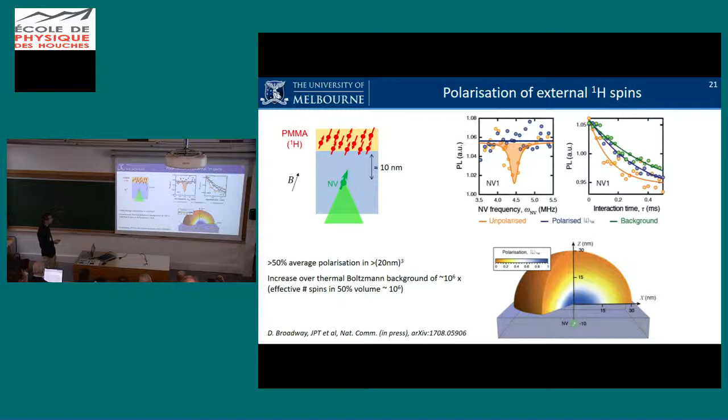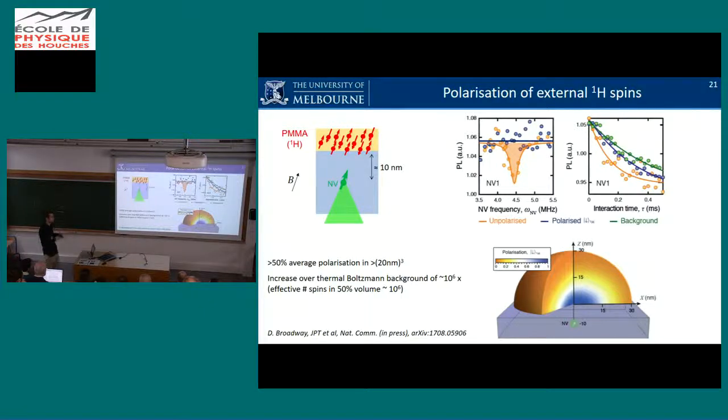And if you sit on resonance and take a full T1 curve, you get in orange when you have the full interaction, when you depolarize, and in blue when you keep polarizing. We see there is an increase in T1, but it still doesn't quite match the green here, which is the off-resonance T1 that we measure, which means within the sensing volume, there is still some non-polarized proton spins.